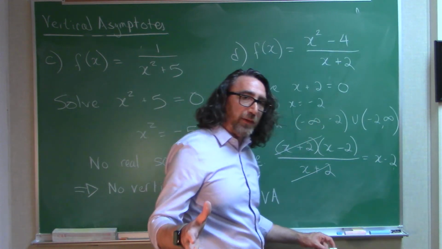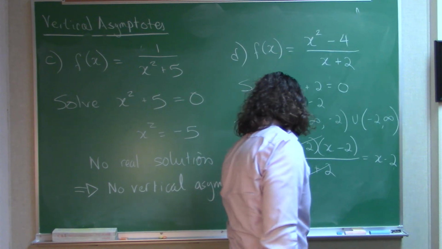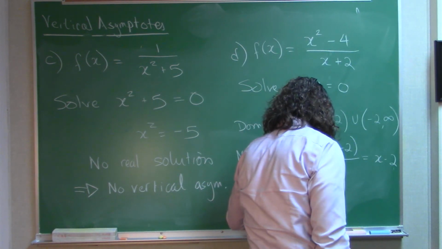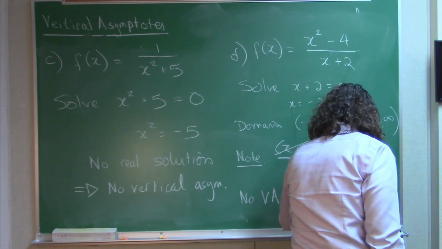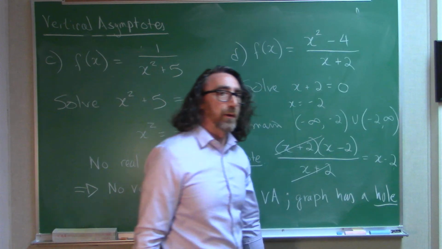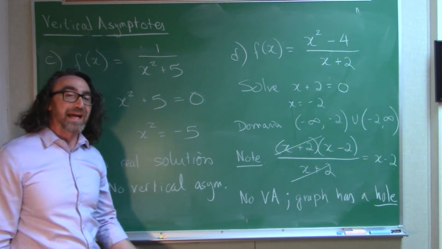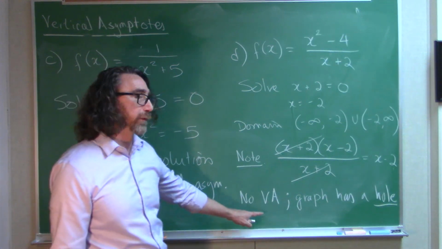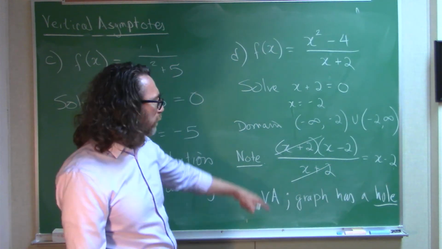I'm going to talk more about this in a later video, but it'll turn out this is a situation where the graph has a hole at a certain x value rather than a vertical asymptote. So just watch out for this.